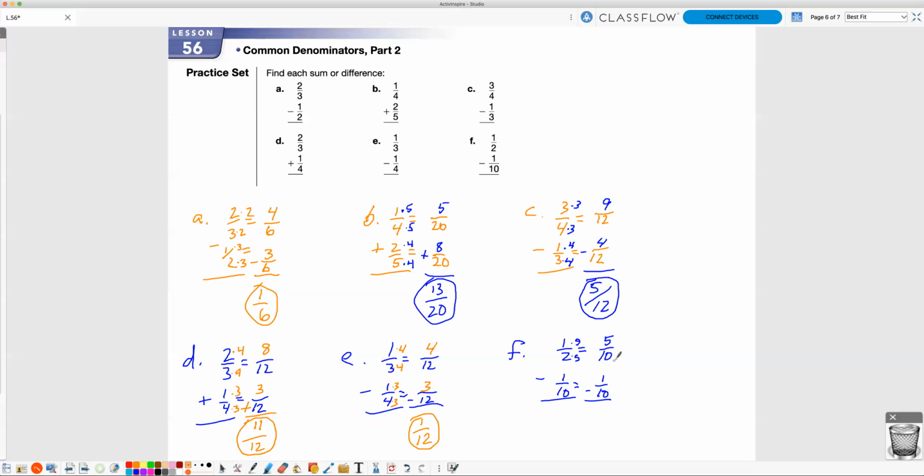So I'd have 5/10 is the same as 1/2, and I have 5 minus 1 here, which equals 4. This would be 10, but I have to see that, okay, I have to reduce. So both of these are divisible by 2. This would be 2/5. So my final answer for letter F should be 2/5.